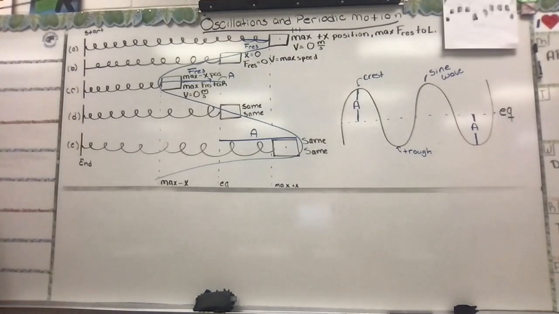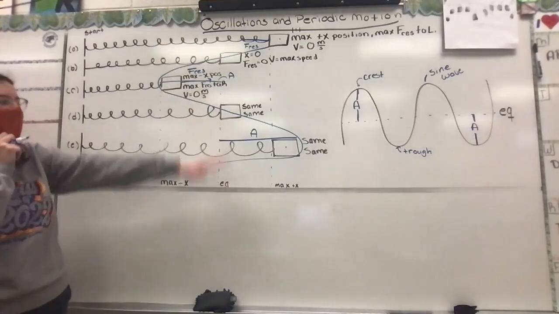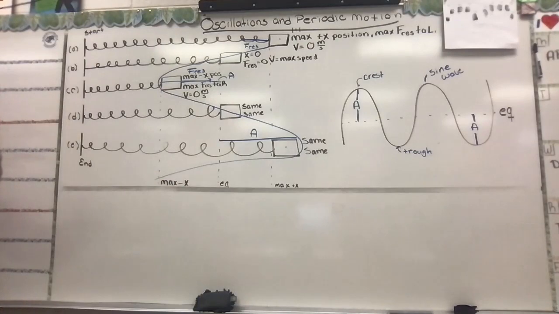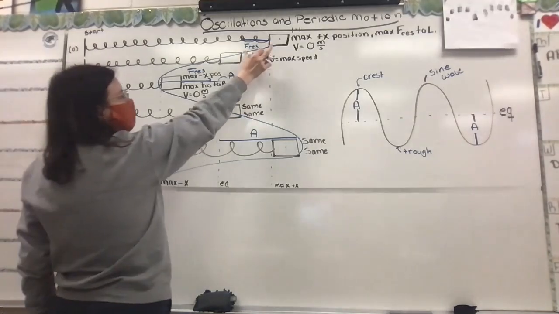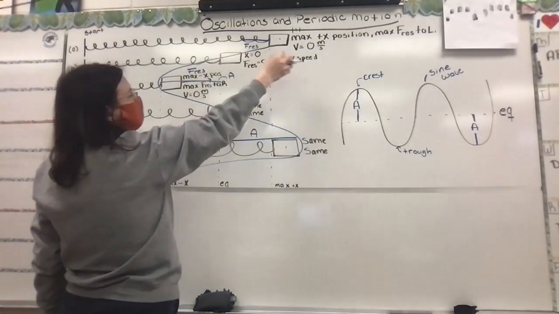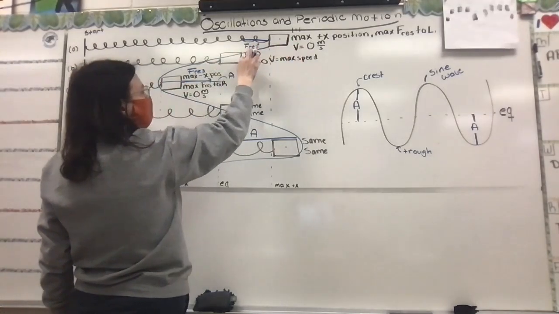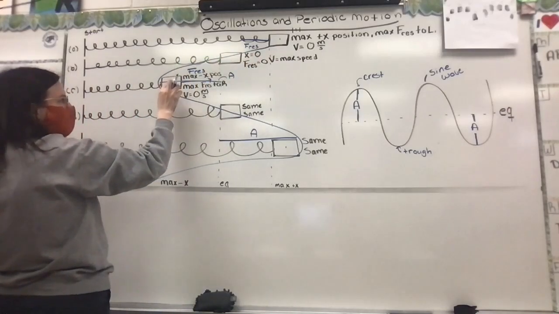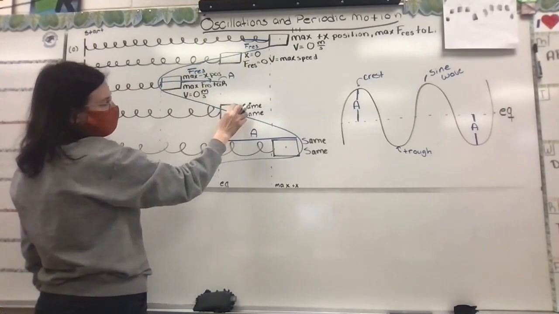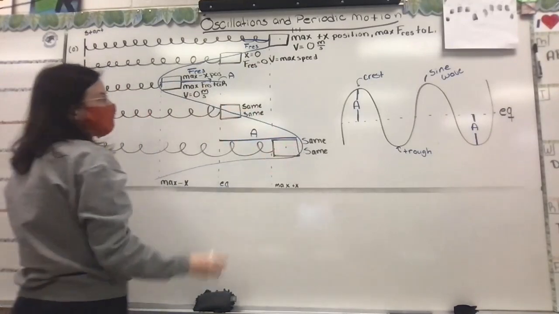All right. So there's another thing I want to point out here. We said this takes place over one period, right? So what portion of a period exists between each one of these scenarios? From maximum to equilibrium, then equilibrium to maximum negative, from maximum negative back to equilibrium, and from equilibrium back to positive x.